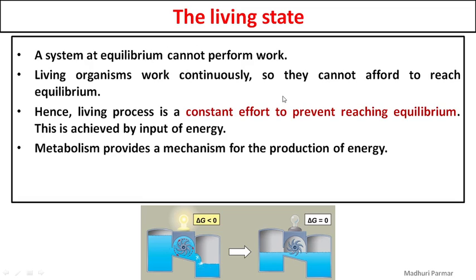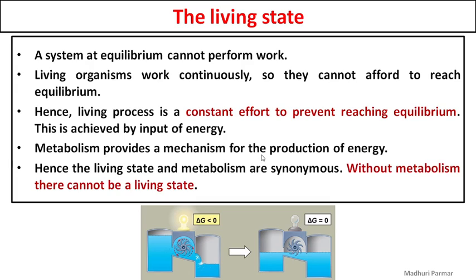Where does this energy come from? It comes from metabolism. Metabolism provides the mechanism for production of energy. Hence, the living state and metabolism are synonymous, because you cannot be alive unless there is metabolism going on inside your body, producing energy.